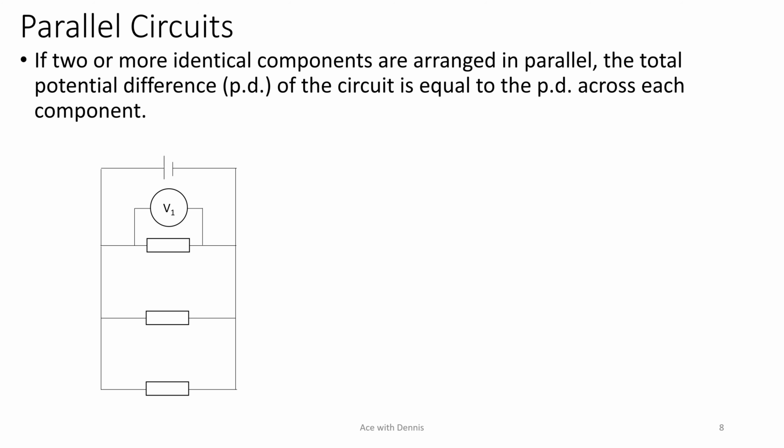We connect one voltmeter in parallel to the first resistor, a second voltmeter in parallel to the second resistor, and a third voltmeter in parallel to the third resistor. We will get all the readings of the voltmeters, V1, V2, and V3, equal, and the values should be the same as the EMF of the cell.